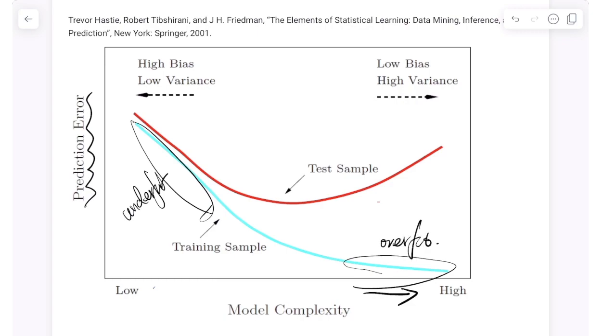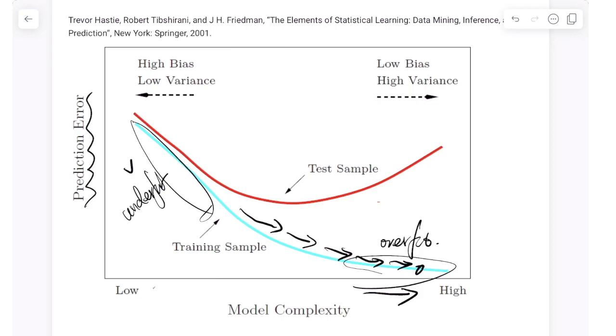That means if your model is too simple to describe the data you have, the error will be high, so that is right here. But after you gradually increase the complexity of your model, because the model is so complex, it can remember the data points you provide, so the error will gradually decrease to a very low level.